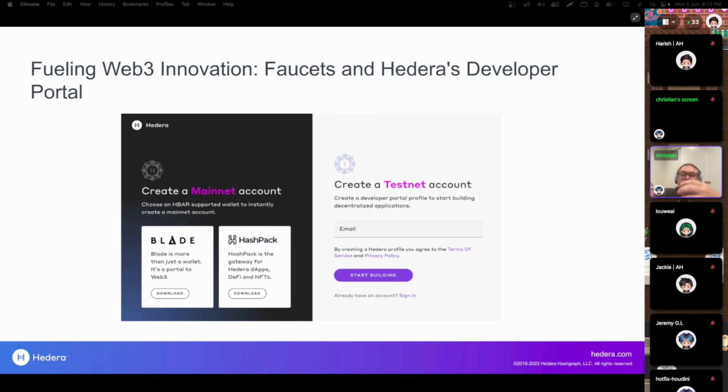And the testnet mirrors that as far as possible. This allows you to build your prototype and not use real money to test it. So a faucet is a way to get test tokens and connect to the testnet so you can really build and test your application there.